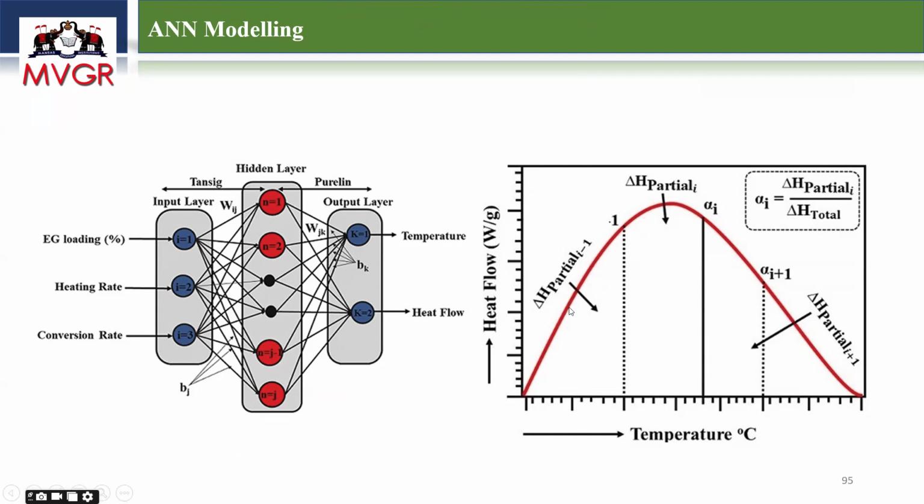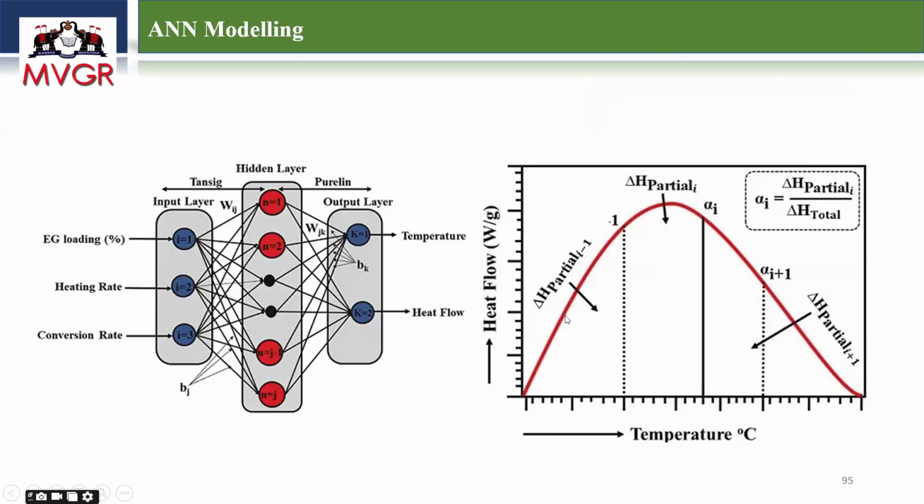Suppose in this DSC plot, I take this portion only, this area divided by the entire area, so that is actually the conversion rate we can say.